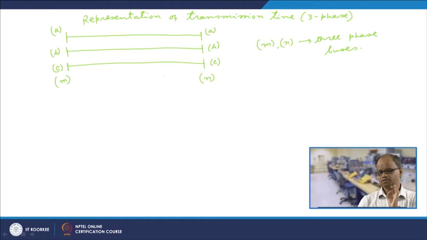But in the case of a 3 phase transmission line, apart from the impedance of each individual phase, that is, the series impedance corresponding to each individual phase, as well as the corresponding shunt charging susceptance of each individual phase, we will also have mutual impedances between phase A and B, between phase B and C, and between phase C and A. So apart from the self impedances of the individual phases, we will also have mutual impedances between any 2 phases.